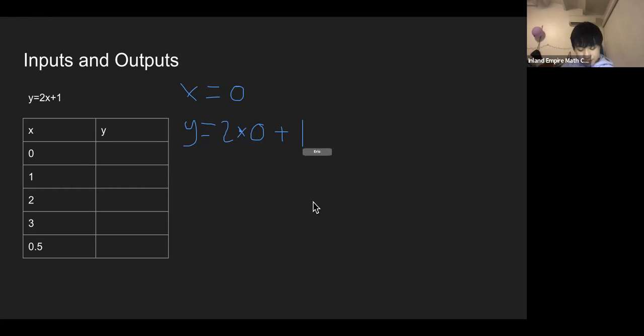And by the way, just in case that was unclear, 2x, if we put a number next to a variable or a variable next to a variable like xy, that actually means 2 times x. The reason we don't use the times symbol is kind of obvious right here. It gets confusing because the times symbol looks like x. Hence why we just do this, which looks a lot simpler, a lot cleaner, and there's no confusion.